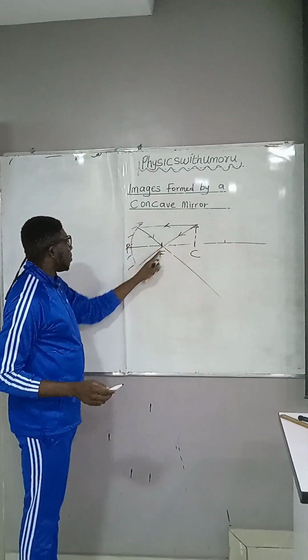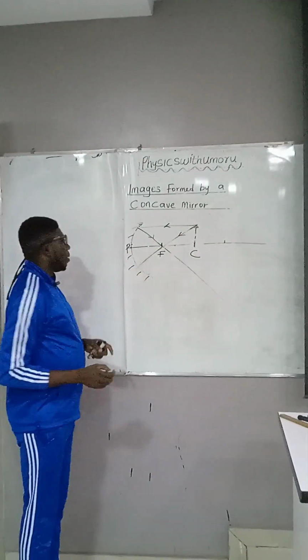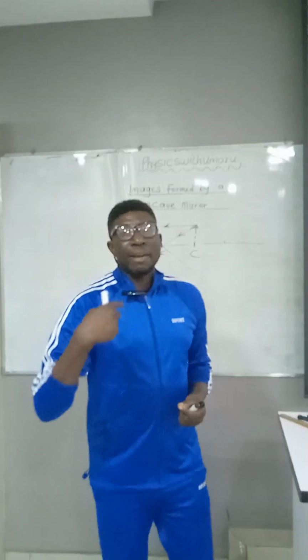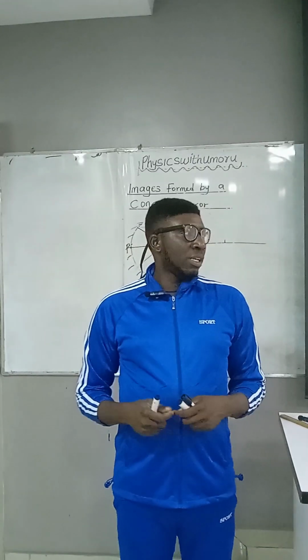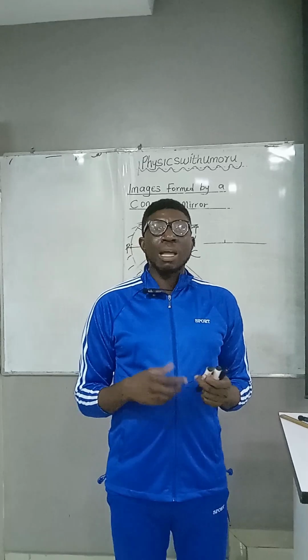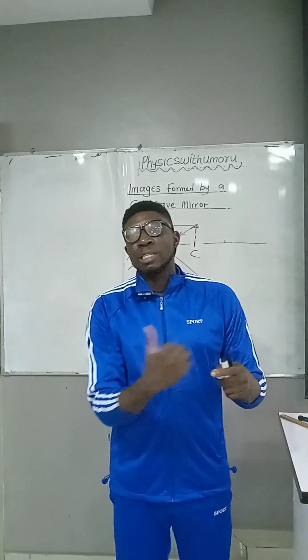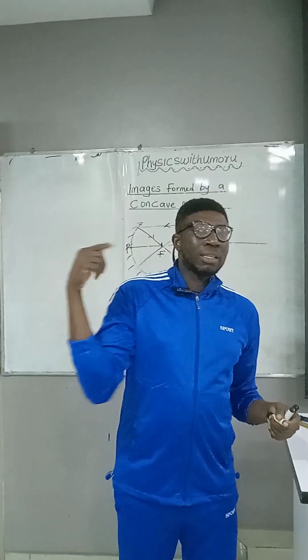When it hits the principal focus, now I want you to know this. There's what we call the reversibility of light. Reversibility of light is just the ability of light to pass or to reverse through the same path it came.